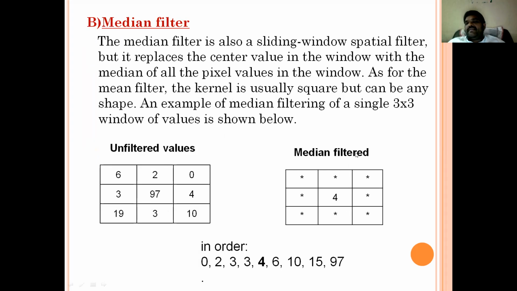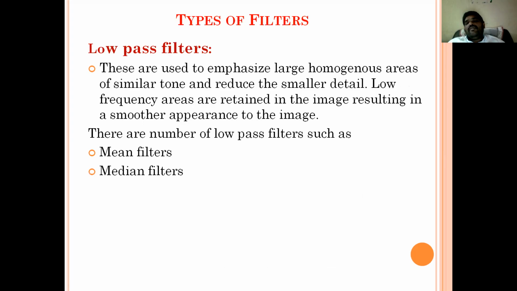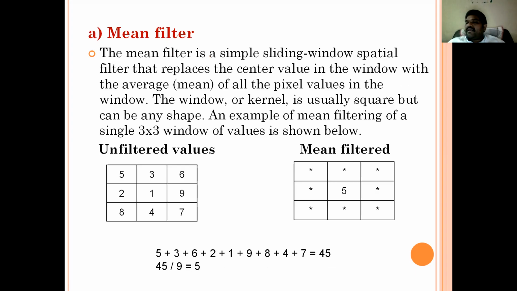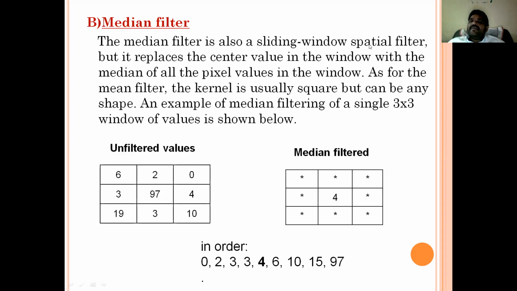Next is the median filter. Here, all the values are placed in an incremental order, and whatever the center value we get will replace the existing value. That is called the median filter under low pass filters. Low pass filters are used to change the small frequencies of large homogeneous areas having similar tone. The median filter is also a sliding window spatial filter, but it replaces the center value in the window with the median of all the pixel values in the window.